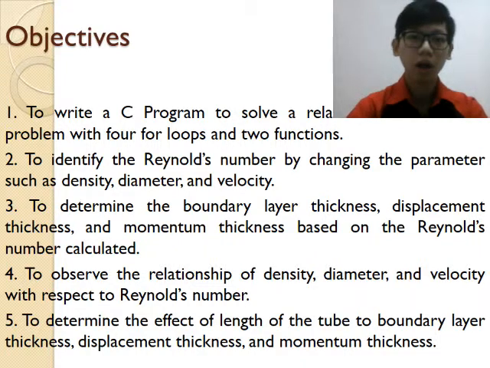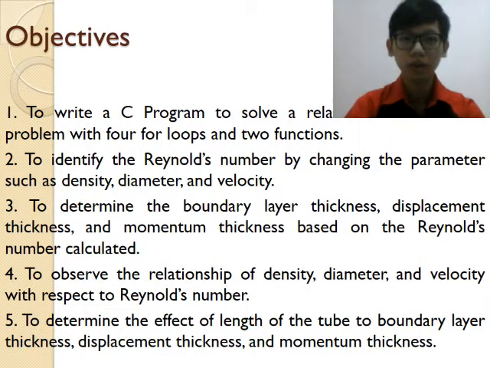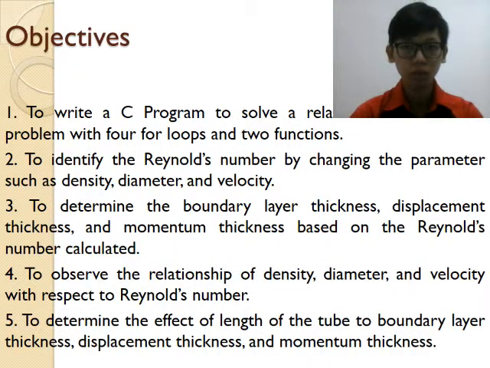So we will move to the objective part. The objective of this project is to write a C program to solve a related fluid mechanics problem with 4 loops and 2 functions, as well as to identify the Reynolds number by changing parameters such as density, diameter, and velocity.